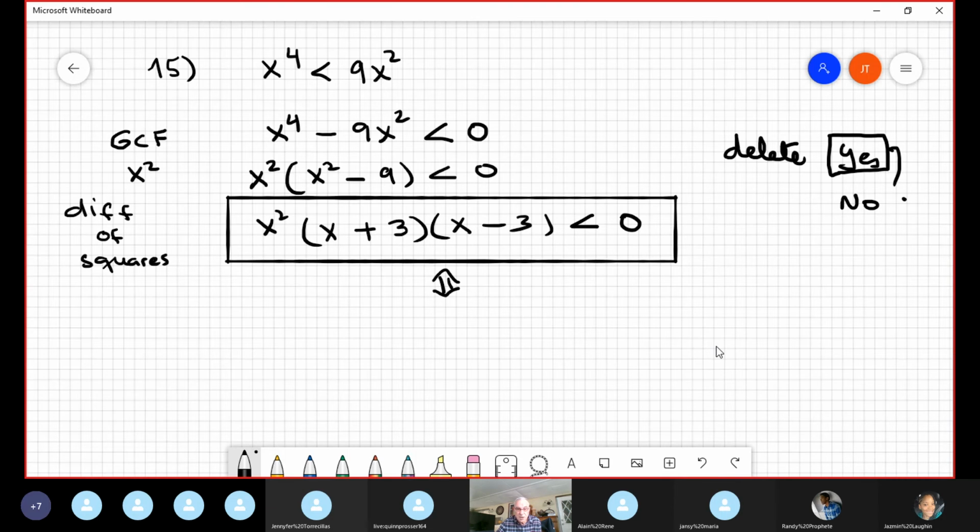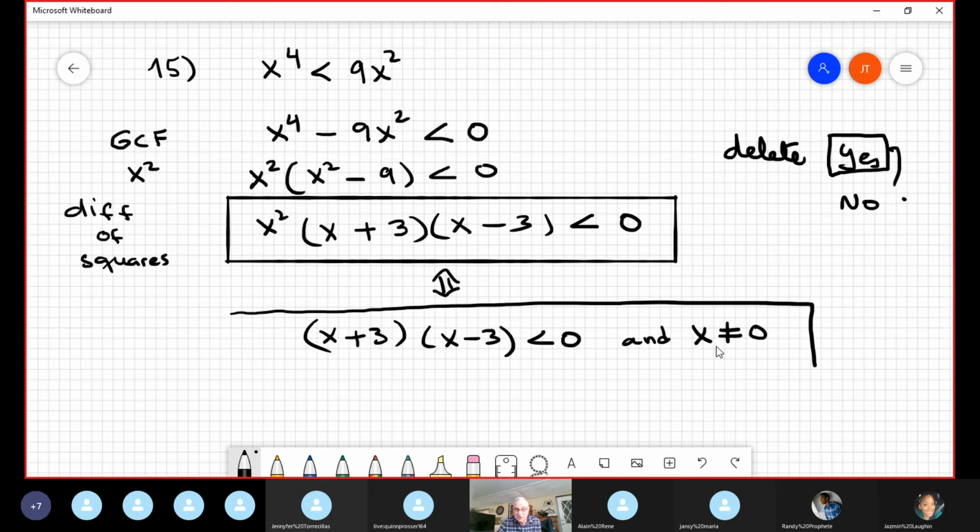Delete, well, this inequality is equivalent. You mentally forget temporarily this factor, and you copy only x plus 3, x minus 3, less than 0. And finally, you include the 0, because at 0 we have to hold. So, for sure, I guarantee you 100% that this statement and this statement are the same thing. What is the practical thing?